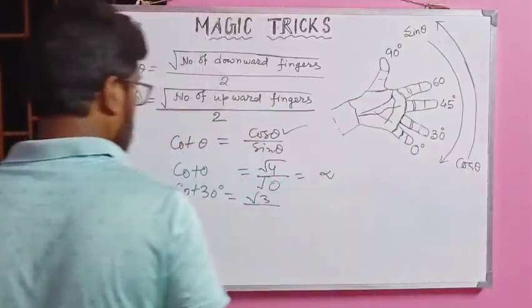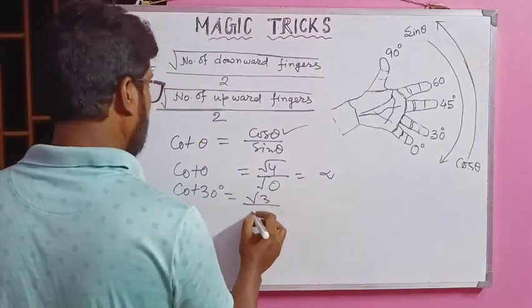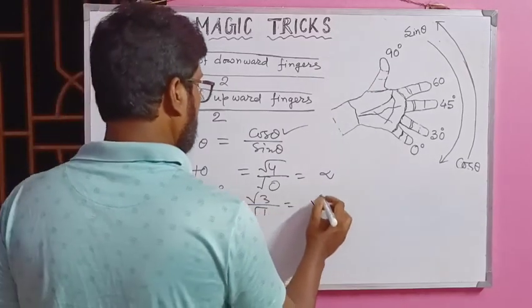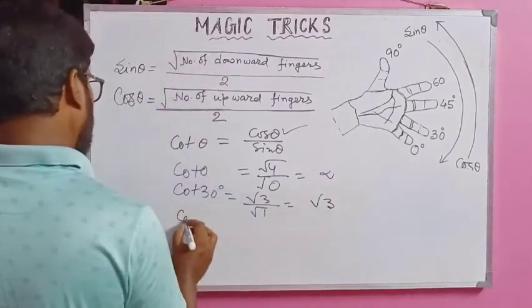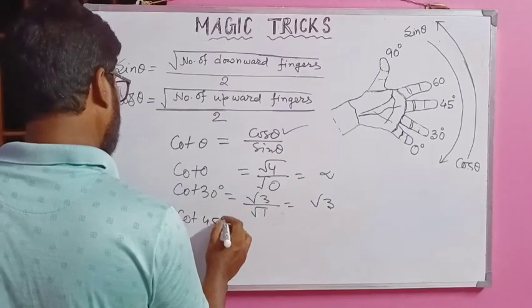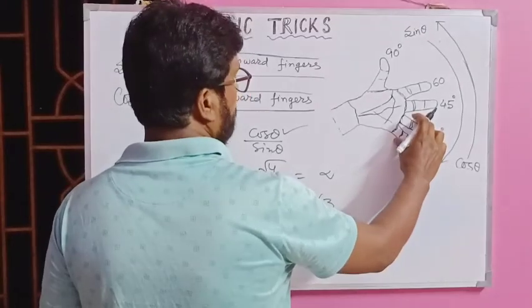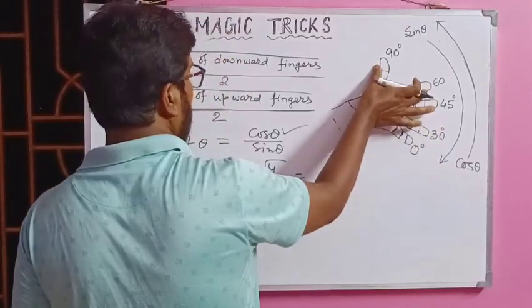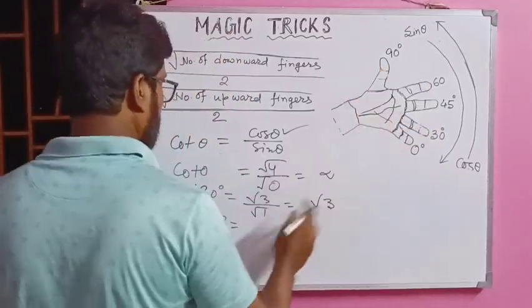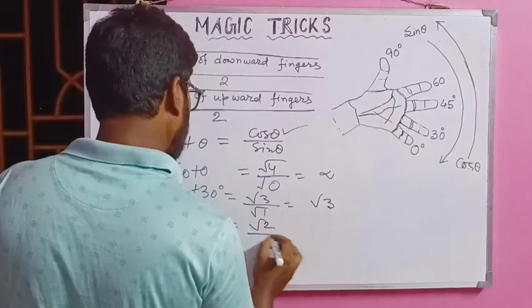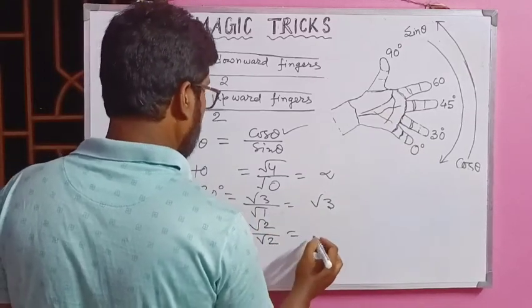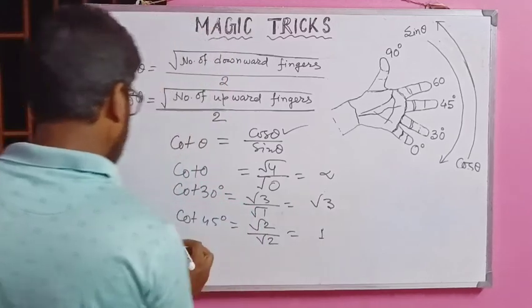Therefore root 3 by root 1, it will be root 3 only. Cot 45 degree: there are 2 fingers in downward direction and 2 fingers also in upward direction. Therefore root 2 by root 2 equals 1.